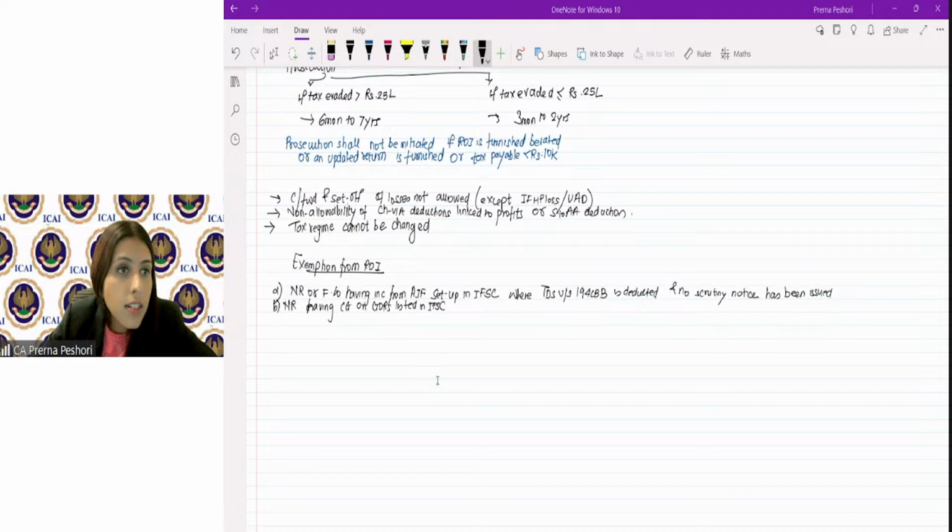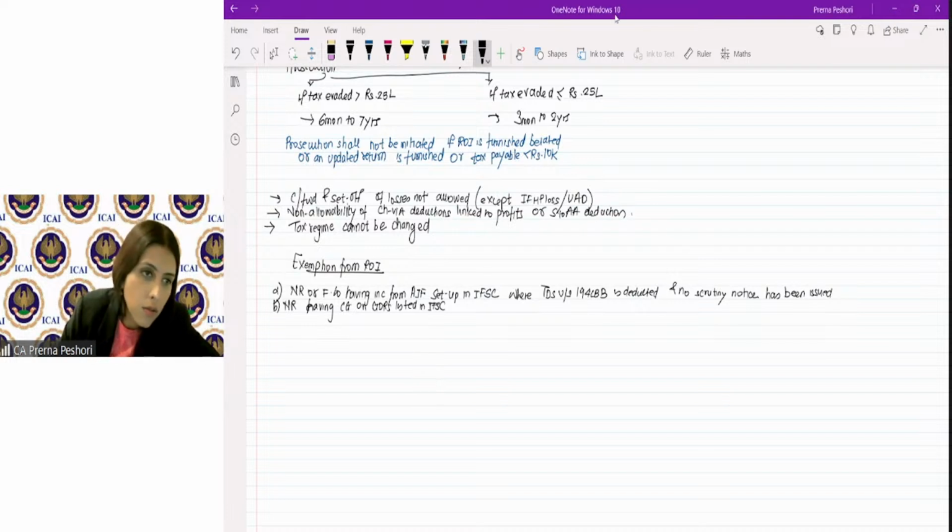So the TDS should have been duly deducted. Secondly, there are certain AIFs. The income, if it is earned from the AIF by the non-resident, then also they are not required to furnish the return of income.